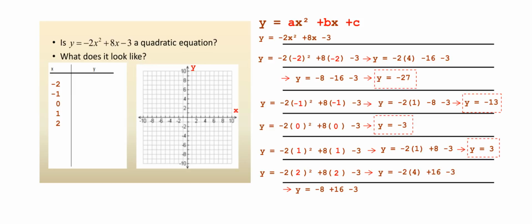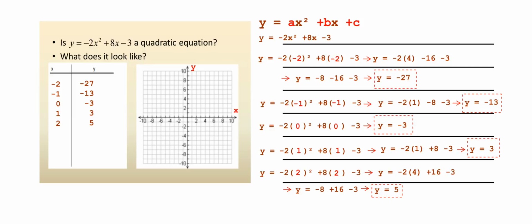Negative 8 plus 16 minus 3, let's see, negative 8 minus 3, that's a tough one, negative 11, right? 16 minus 11 will give us 5. So our answer is 5. Hey, look at that, another point that we can actually plot. So we would be able to plot 3 points out of the original 5 points that we selected.